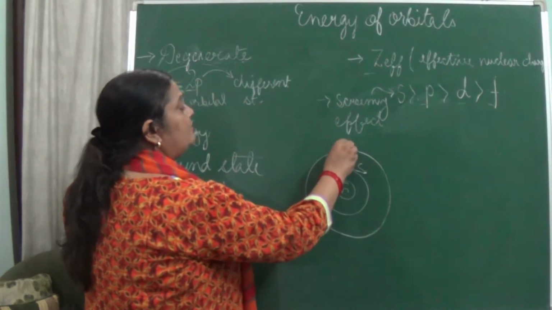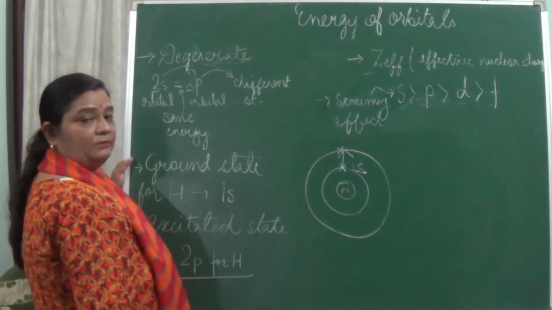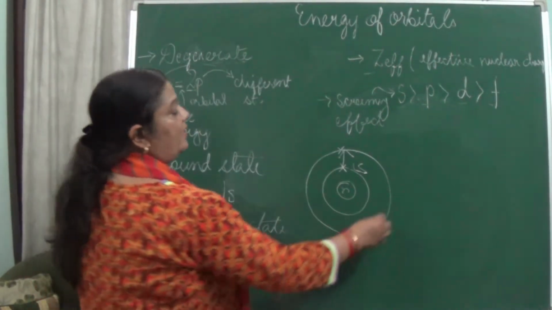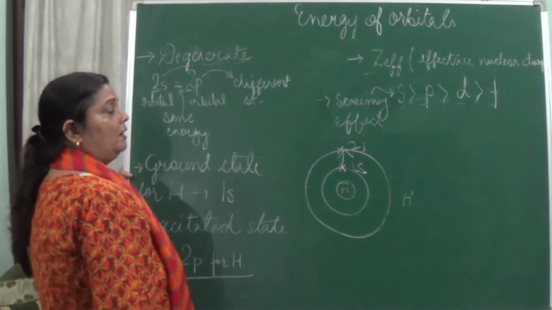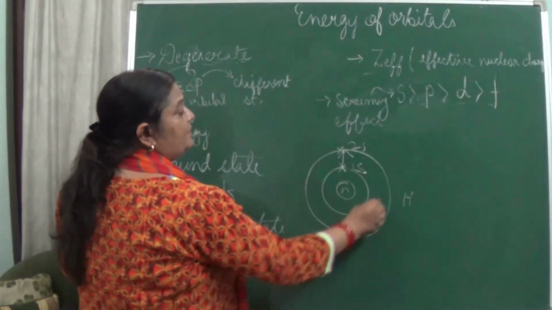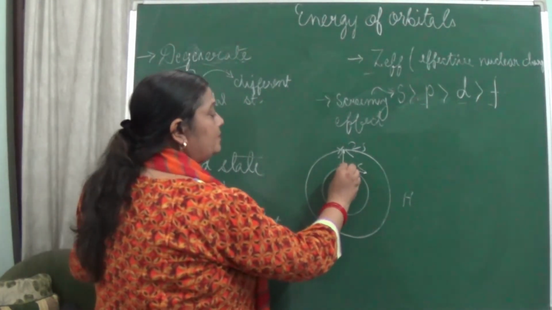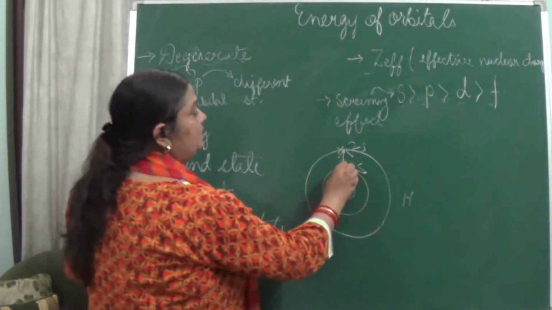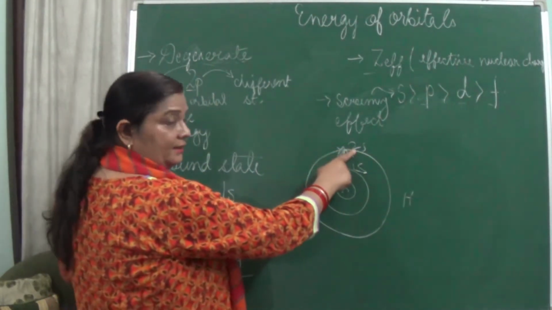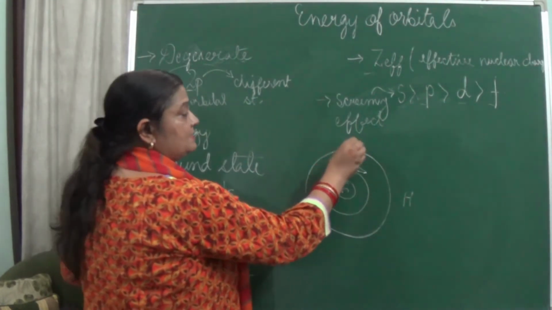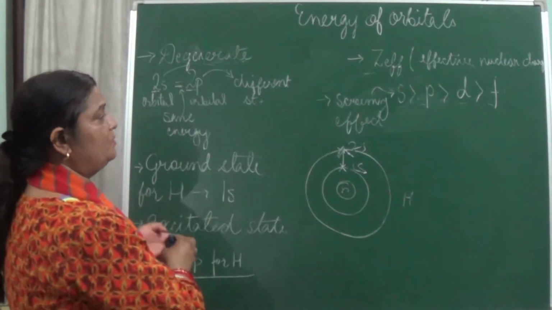Now this electron is said to be in the excited state of hydrogen, because it has entered 2s of this orbit. The original place was 1s, but it has been excited to the second shell, and so this is known as the excited state, and the original is known as the ground state.